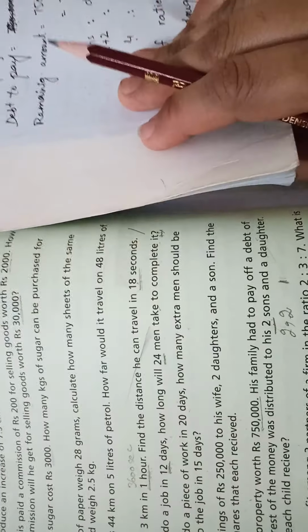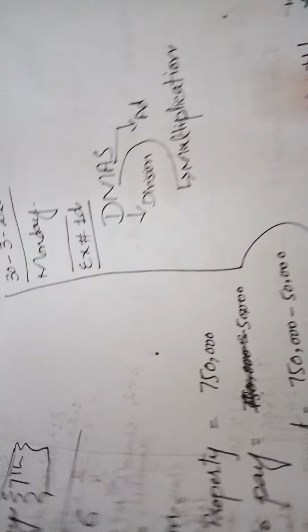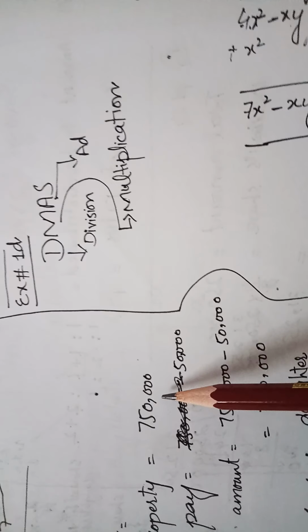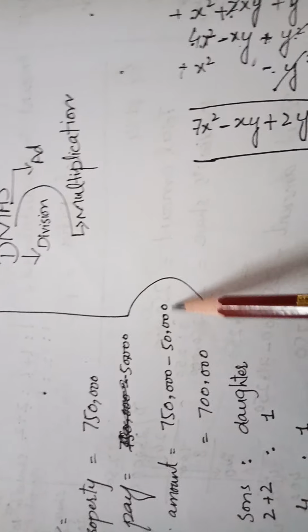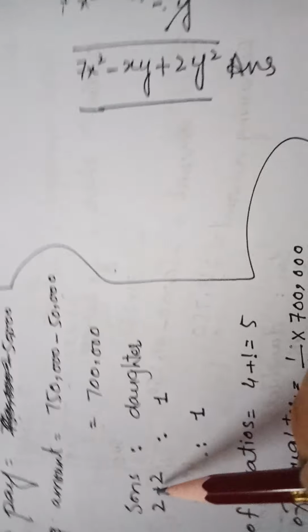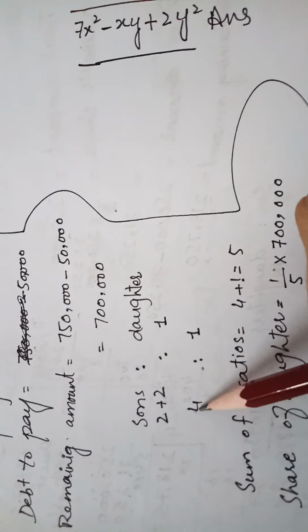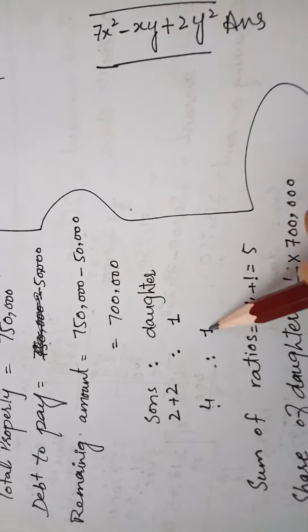First, the total amount was 100,000 rupees, so the 50,000 will be subtracted from this. Share of 2 sons, 2 plus 2, that is 4, and the share of one daughter is 1.